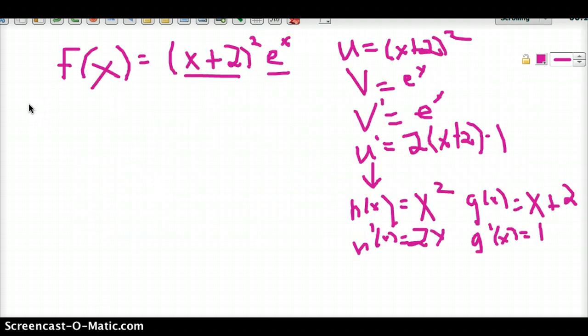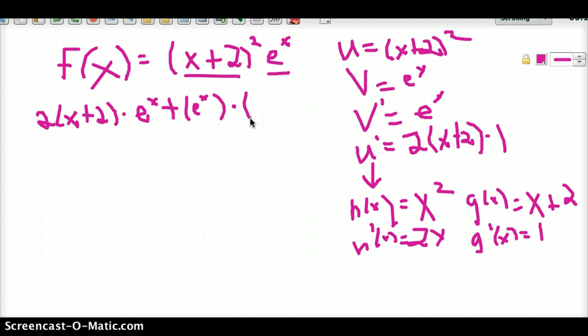So it's going to be u prime, 2 times x plus 2, and that's all multiplied by v, e to the x, plus v prime, e to the x, times x plus 2 squared.